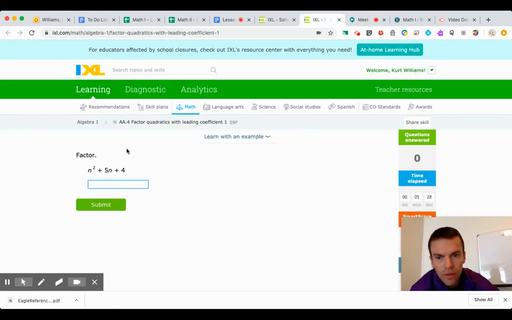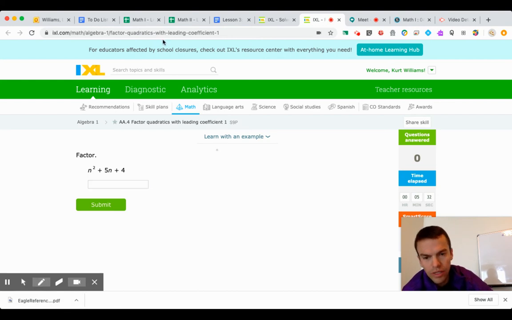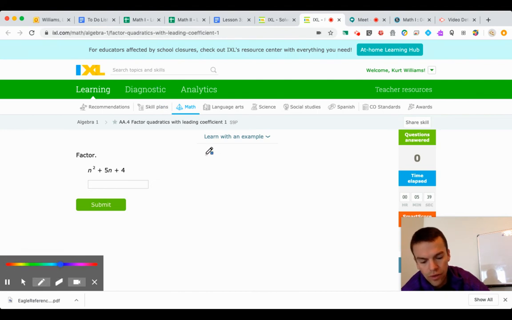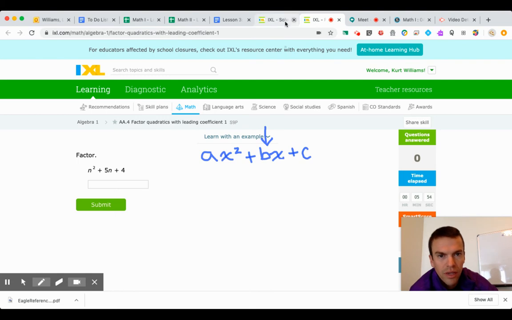Remember, a quadratic is always in the form ax squared plus bx plus c. So we need to break apart this middle b term.